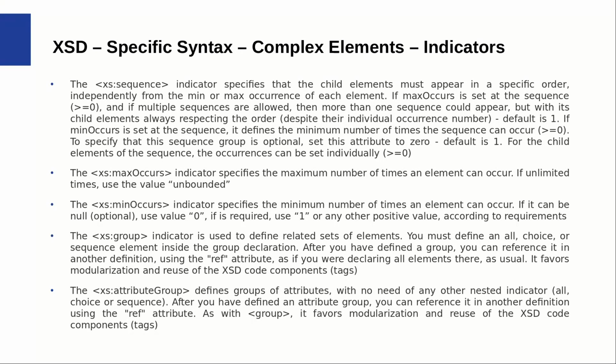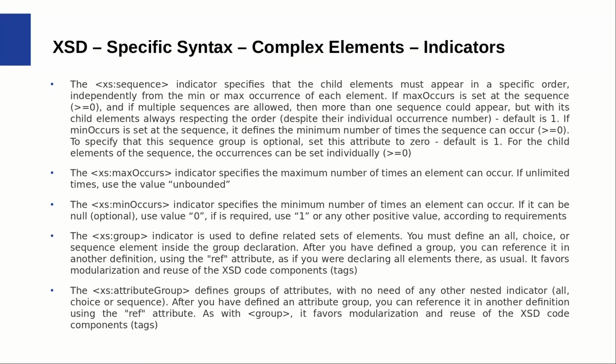If the minOccurs is set at the sequence itself, it defines the minimum number of times the sequence can occur, more or equal to 0. And if you want to set the sequence element as optional, you just set this attribute minOccurs to 0, although the default is 1.